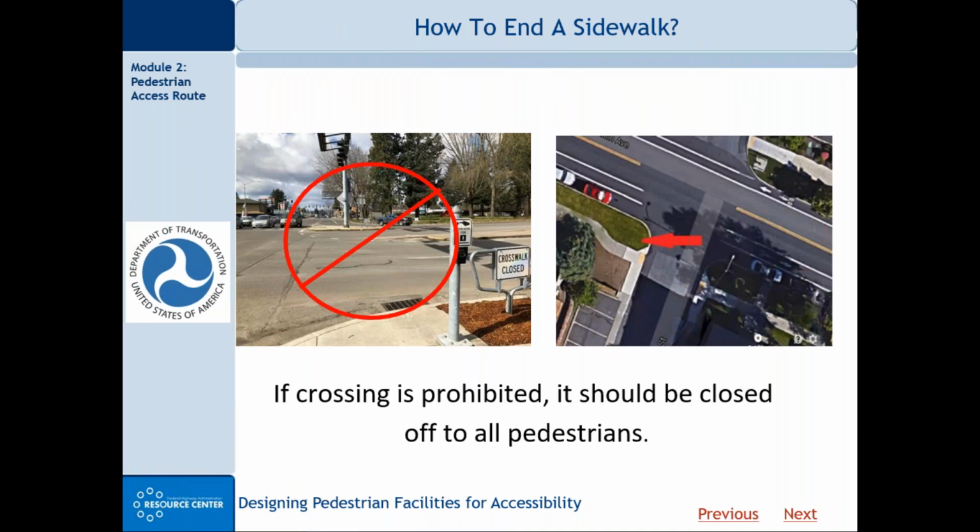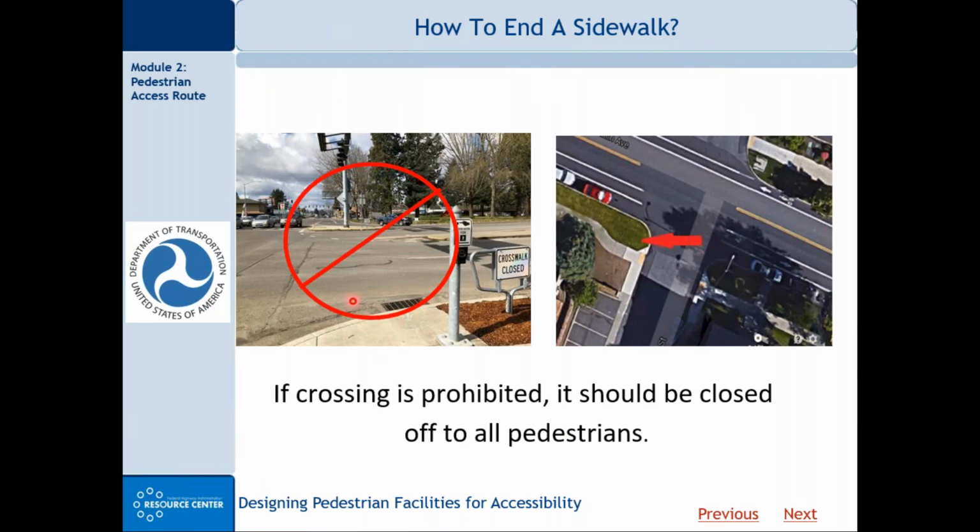One question that comes up sometimes is, how do I end a sidewalk? Notice this upper left here. The sidewalk comes right up to the curb, but then there's a sign, crosswalk closed. This is probably for safety reasons. The municipality or the state DOT, whosever roadway it is, probably decided they don't want pedestrians crossing here, given the traffic flow, traffic volumes, traffic speed, and turning movements.